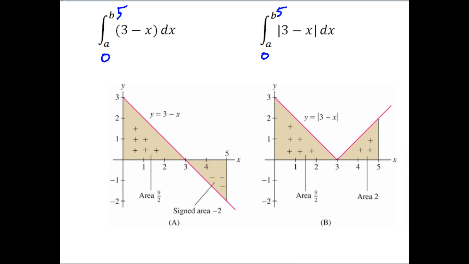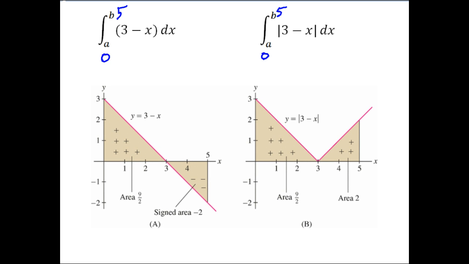So if we look at these two graphs and we examine them, we see that for our first function from 0 to 5, we have positively signed area and we have negatively signed area. This positively signed area has an area of 9/2, and we get that from using geometry, 1/2 base times height.